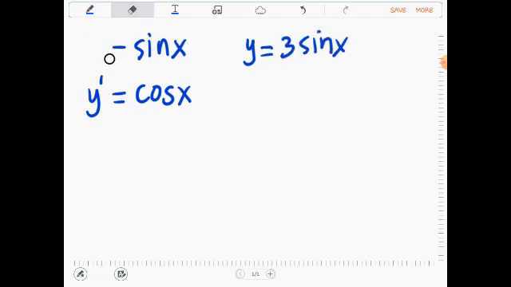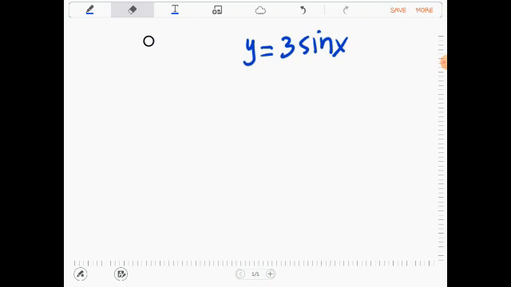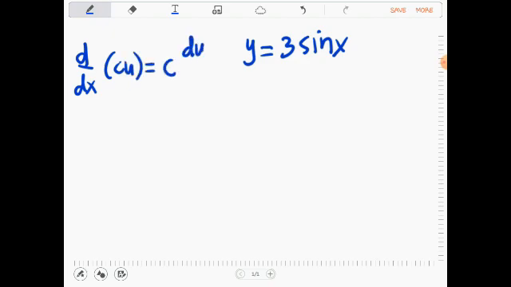Okay. So, ngayon, itong meron tayong 3 sine of x. Recall natin yung ating rule number 3 sa derivative. If we have d over dx times cu, that is equals to the constant times the derivative of u with respect to x. Okay?